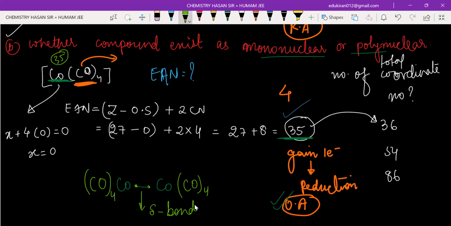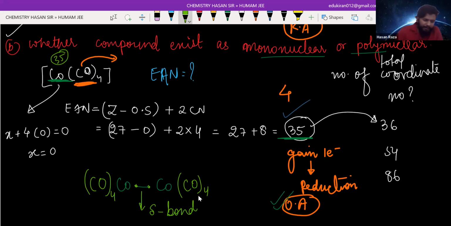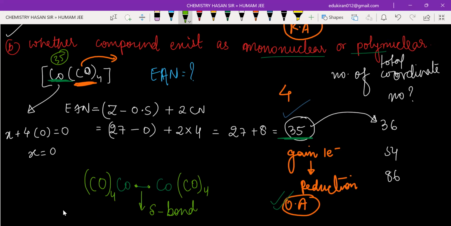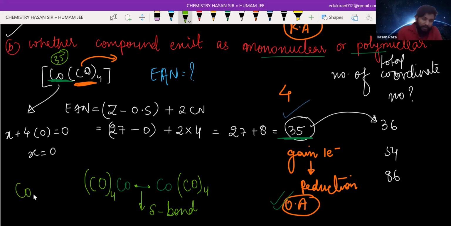Yes. Write it. Austin, it is dinuclear, right? Yes. So the formula will be Co2(CO)8. Dinuclear it is.